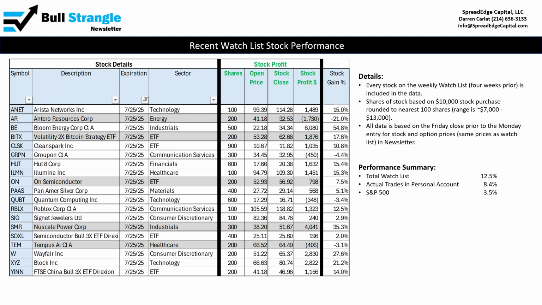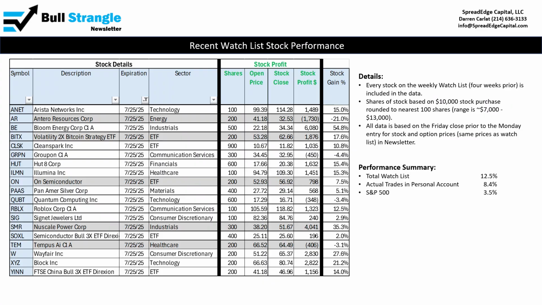So clearly we have a very positive market environment looking backwards. But the actual trades that I placed beat the S&P 500 by more than 2 to 1. And looking at the total stock list, it was even better than that.